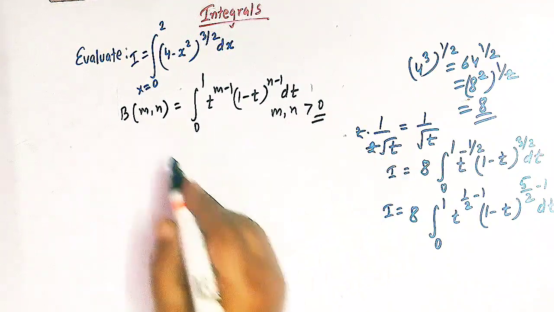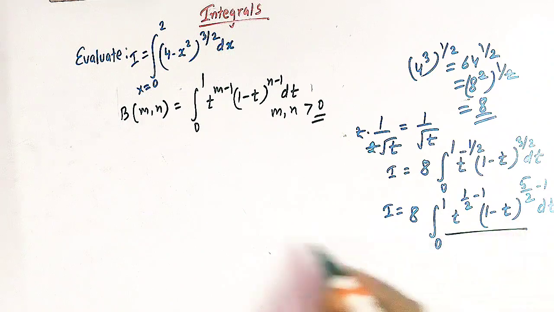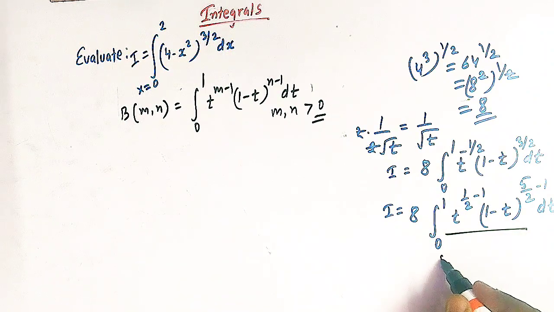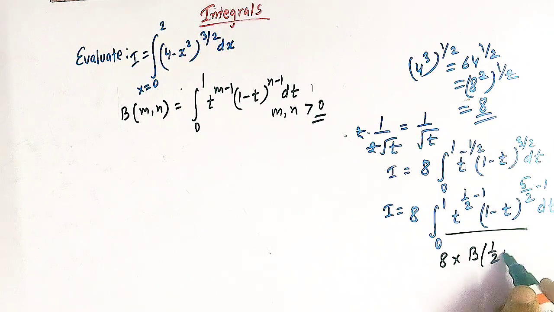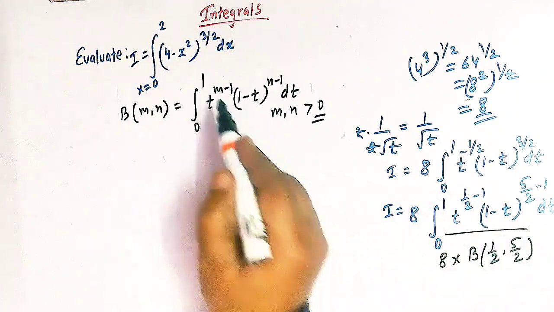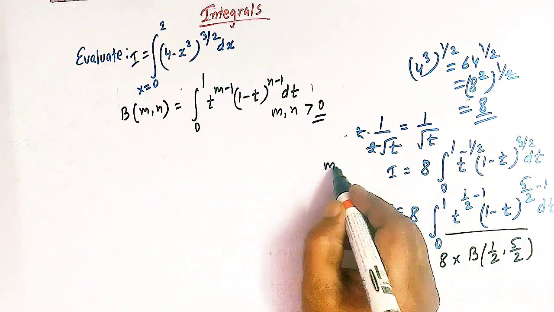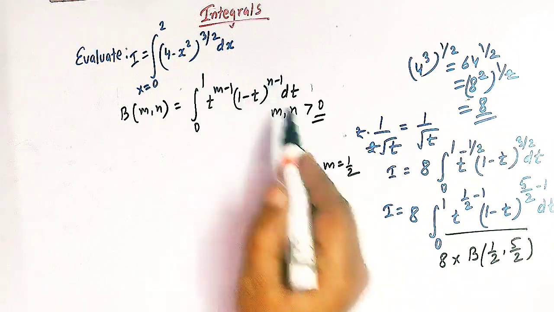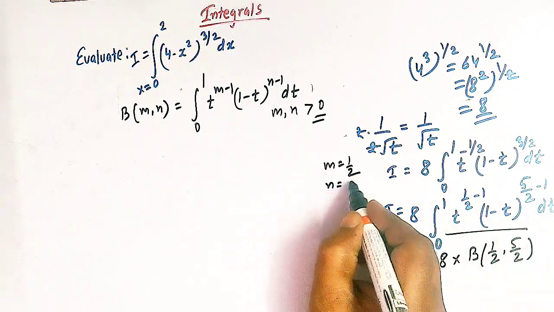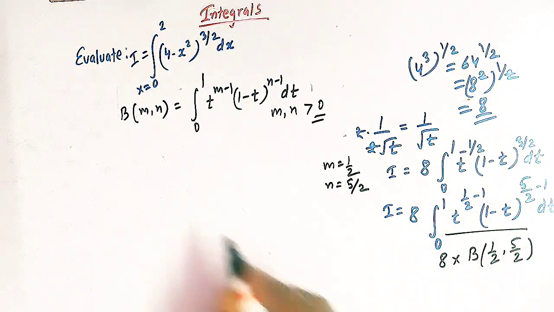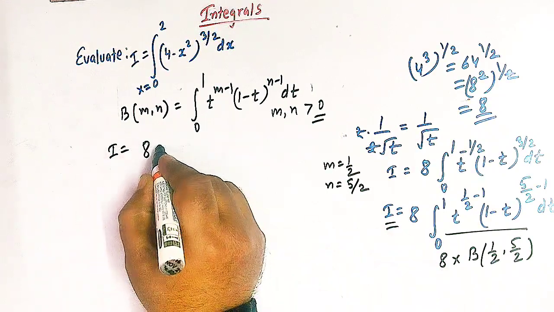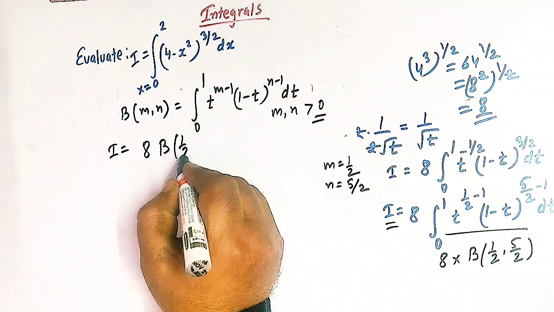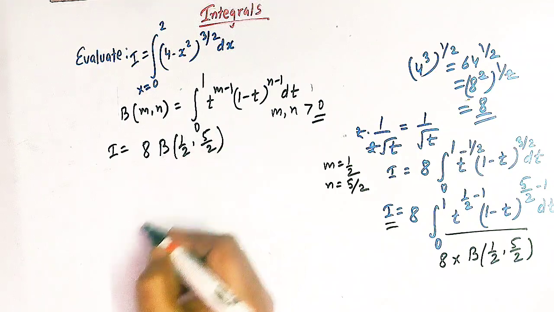So we can now write this integral as 8 times beta of half comma 5 by 2. The value of m is half and the value of n is 5 by 2.